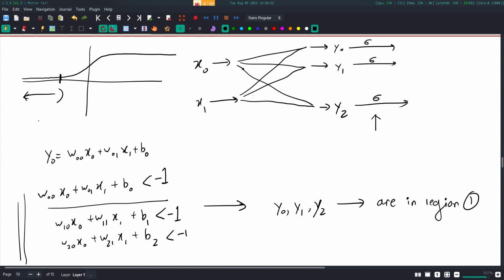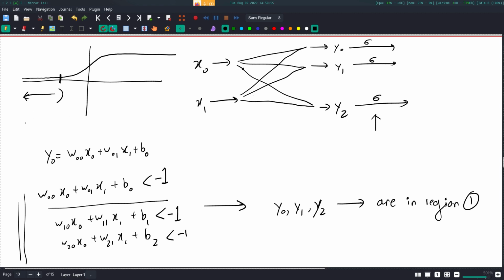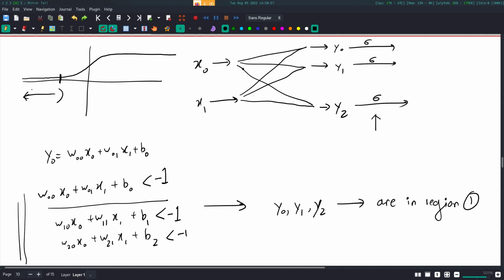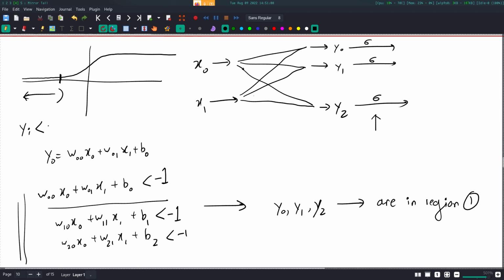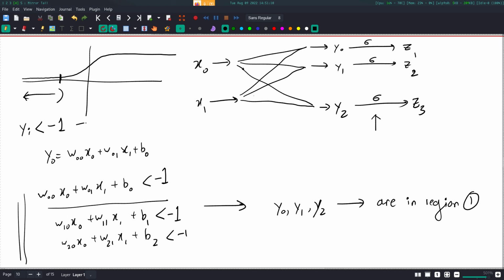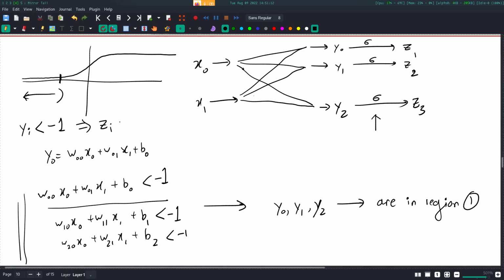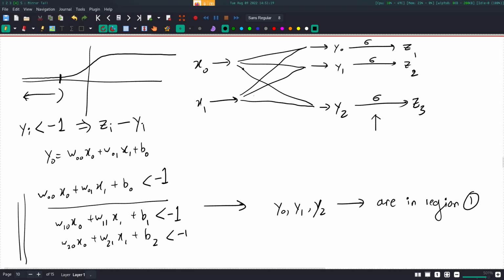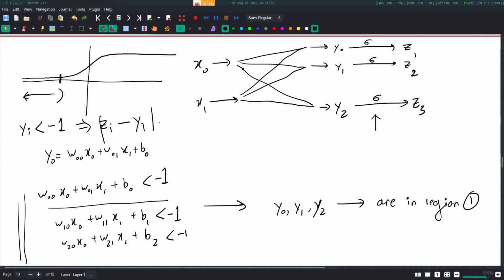So maybe you can fix an epsilon and say that if yi is less than minus 1, let's say that these are z1, z2, z3, then that implies that zi is less than epsilon, right?